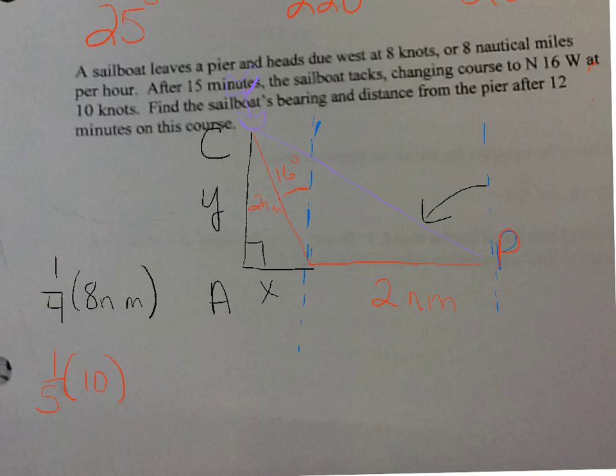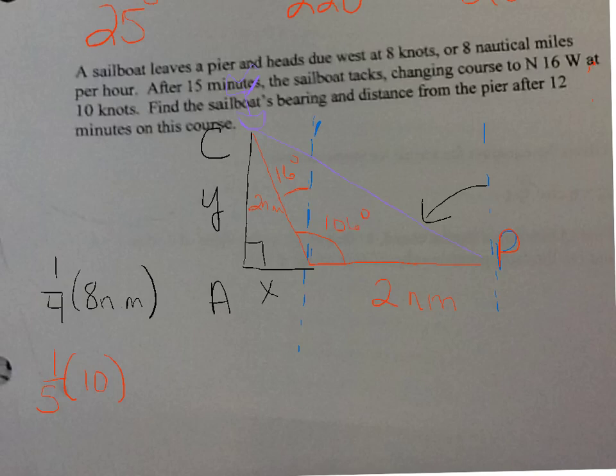But you can do this, a lot of work. Because I want you to be able to take what we've learned and piece it all together. Can we figure out what this angle is? It's 16 plus 90, which is 106.